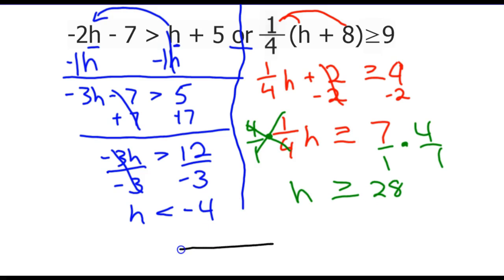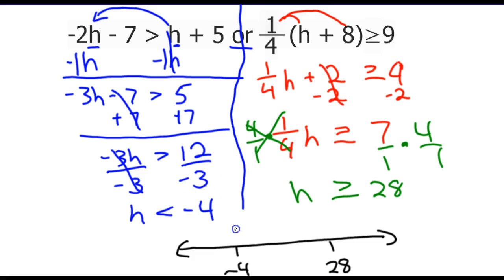Now, when we graph this, we have to look at which one's the least. Here, negative 4 is the least, so we have to put negative 4 on the left side. 28 is on the right side because it's the greater one.